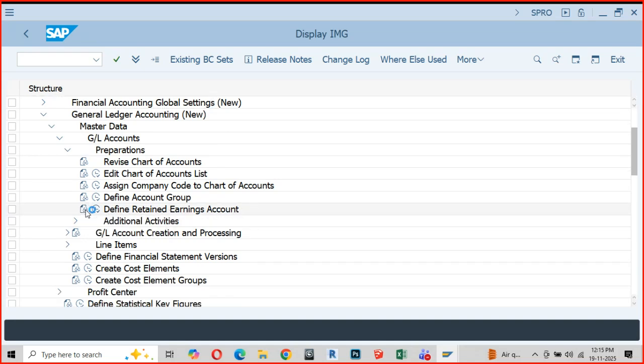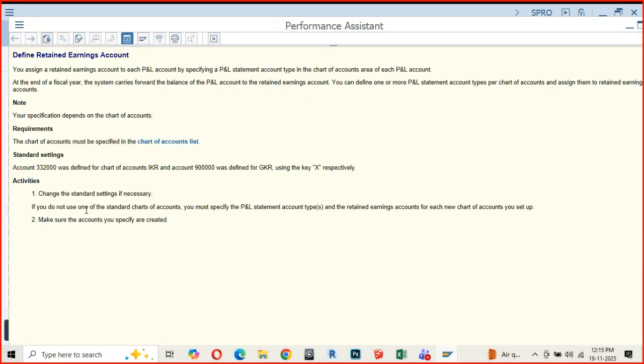Just read the documentation. As we are in the consultant screen, the detailed documentation is very much available, by specifying a P&L account statement account type in the chart of accounts area.